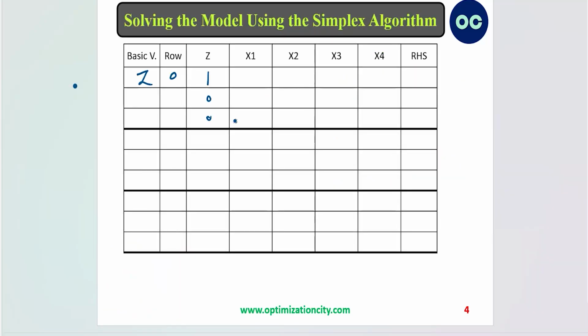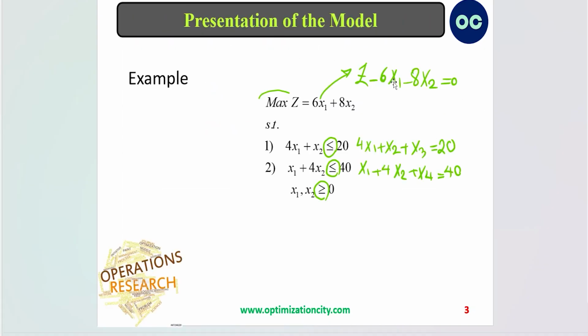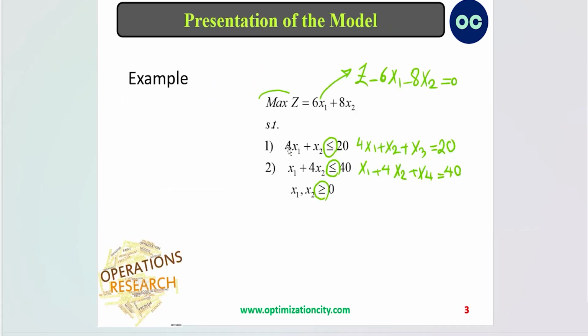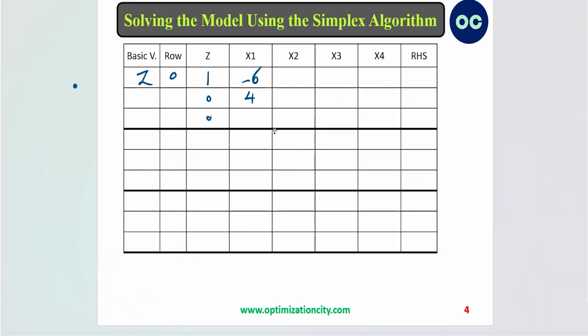The coefficient of x1 in row number 0 is minus 6, as we wrote here. In constraint number 1 it is 4, and in row number 2 it is equal to 1.